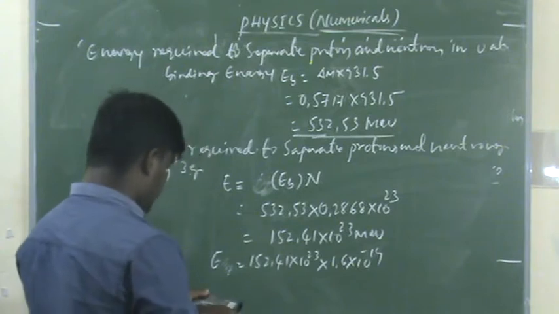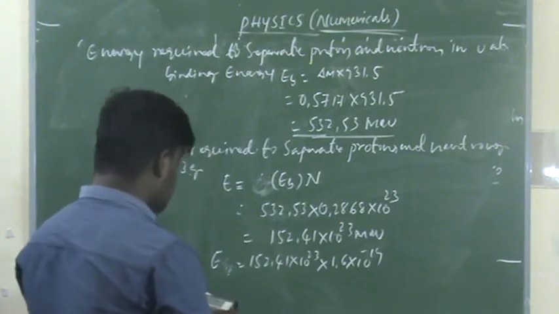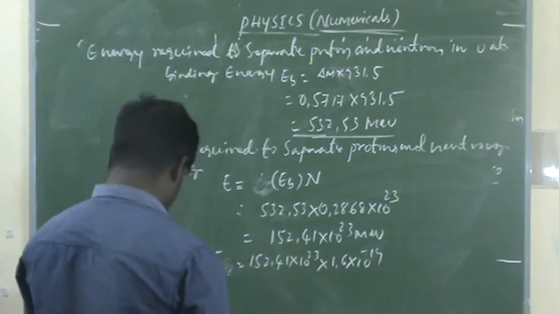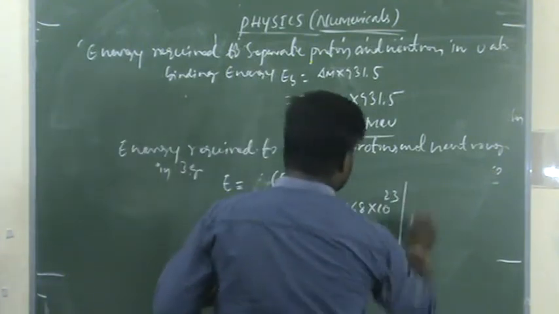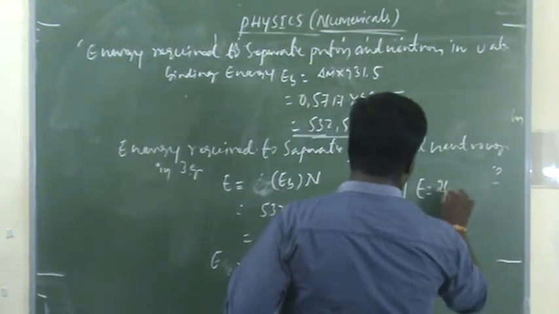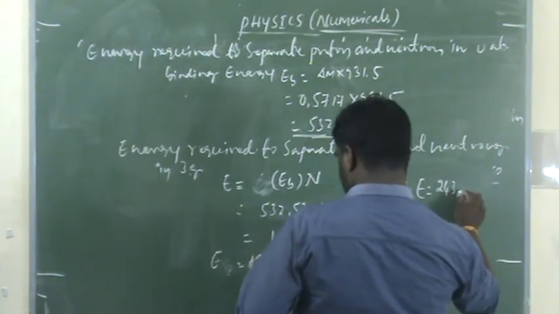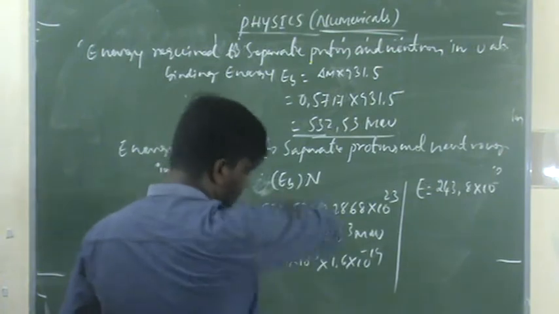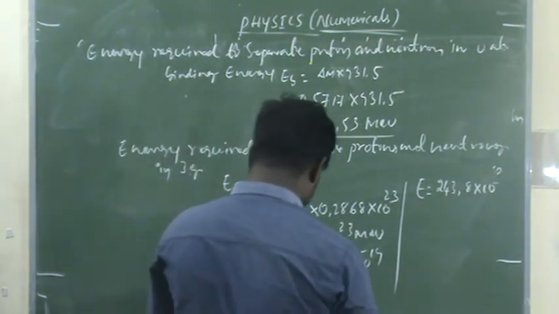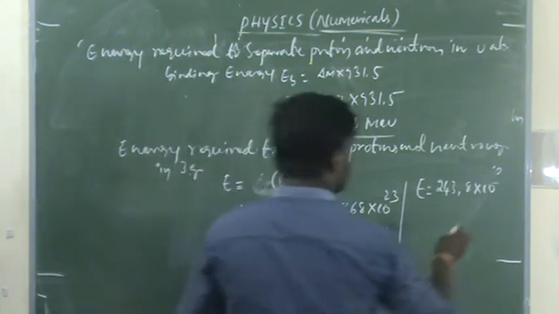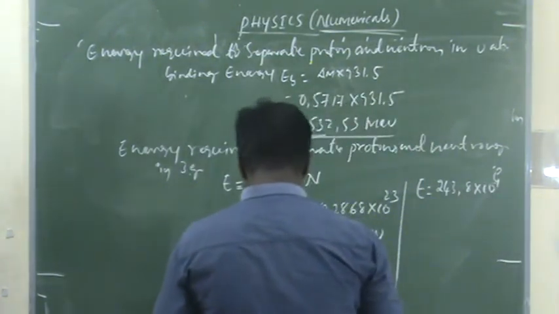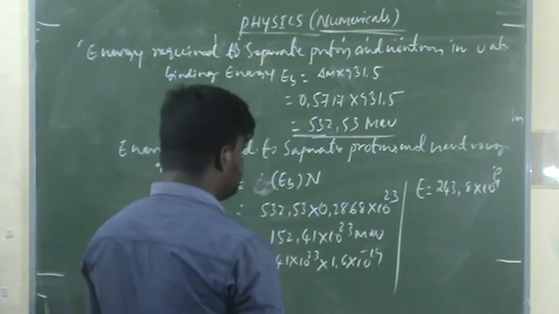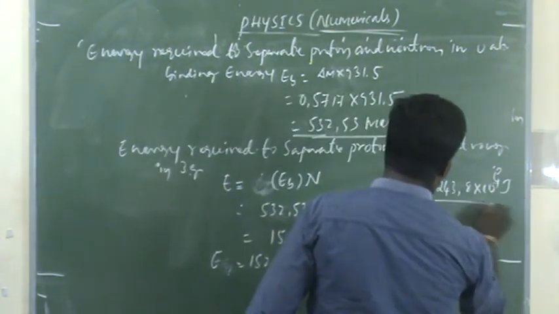So that is 152.41 into 1.6. That is equals to E equals 243.8 into 10 to the power of 23 minus 19, that is 23 minus 19, 4, 10 to the power of 4 joules.